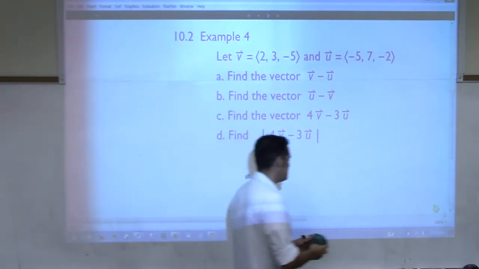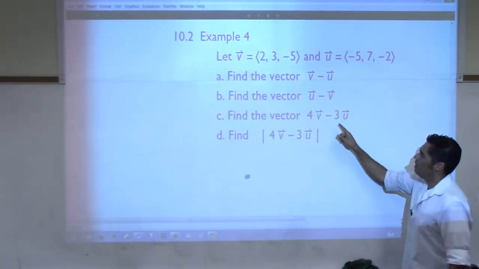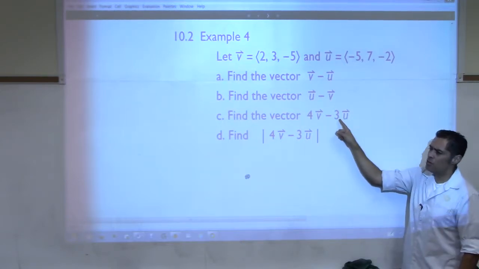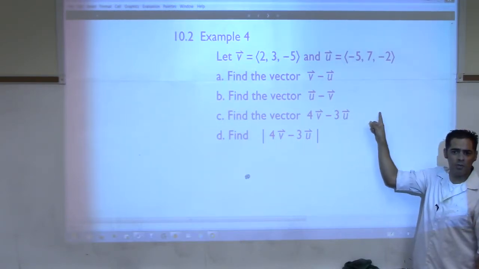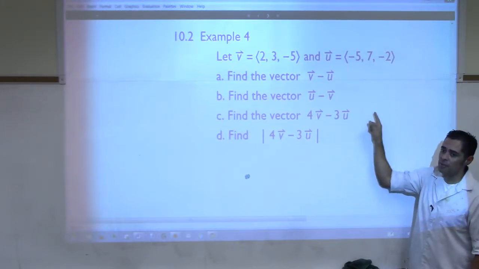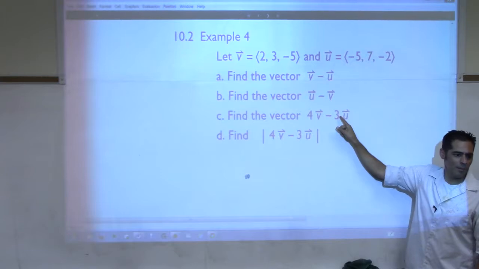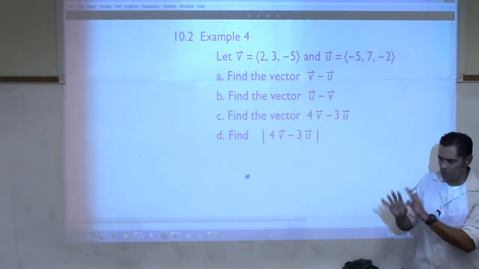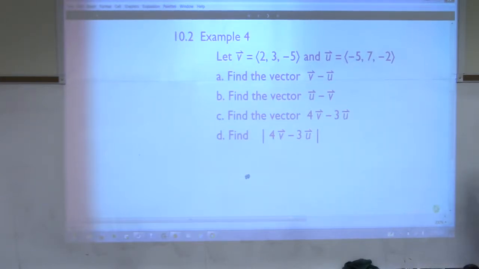The only thing I would say on this, in my work, what I did was I distributed a +3 through the u, and I left a negative outside. You could distribute a -3 through and replace it with a plus in between the two vectors. It's up to you how you do that. You should get the same result.